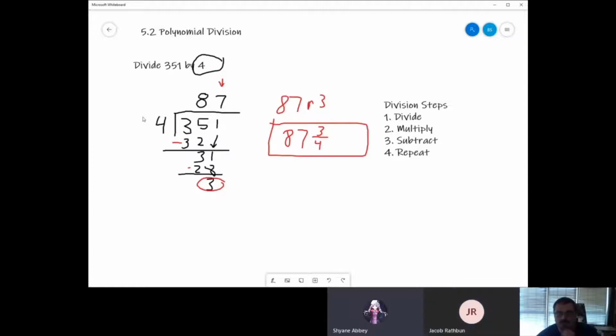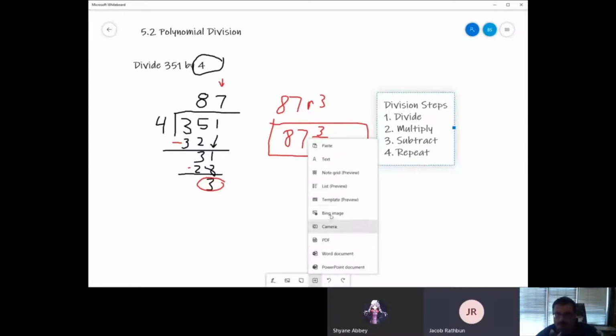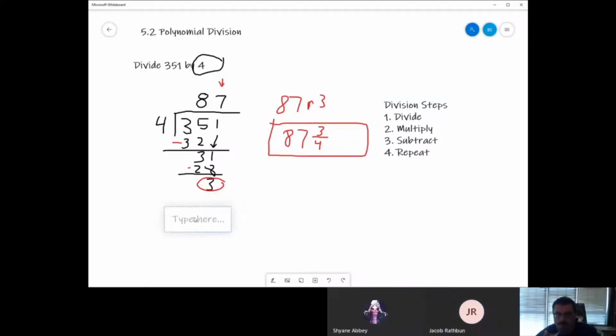Is 4 a factor? What do you think? Is 4 a factor of, oh, not 8, not of 87, of 351?